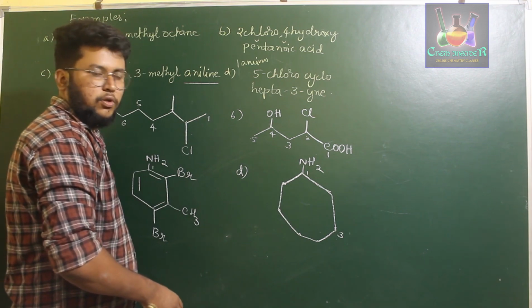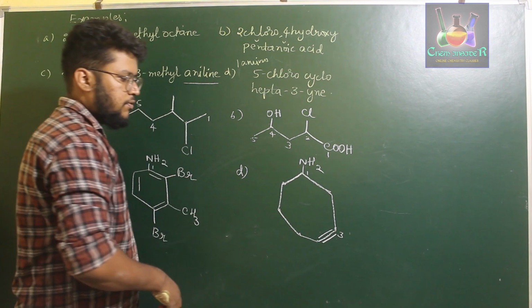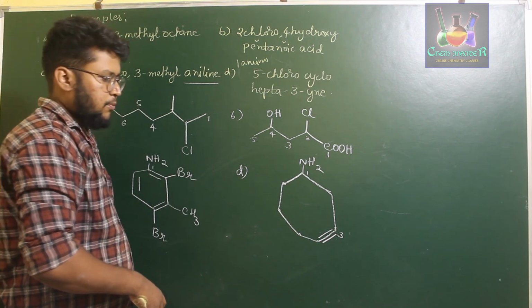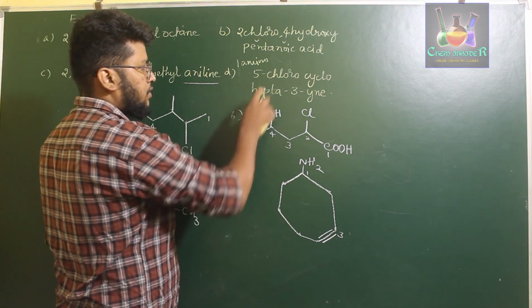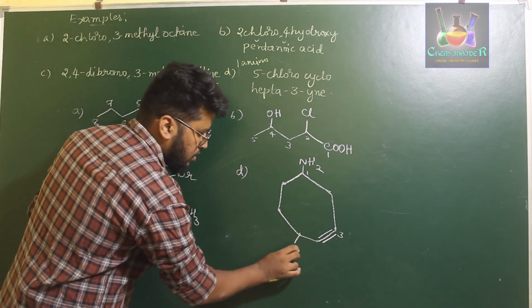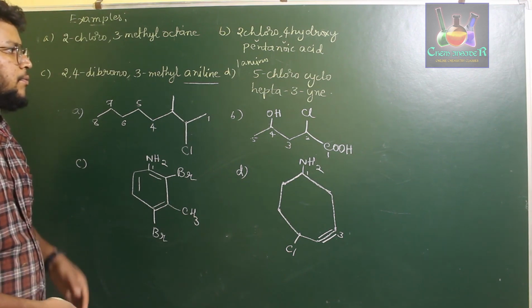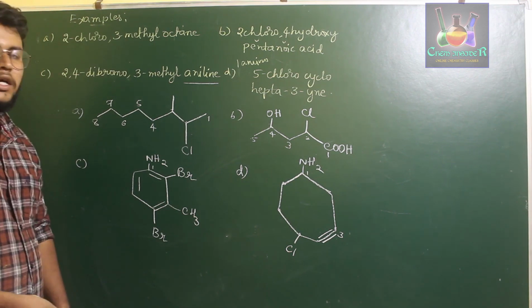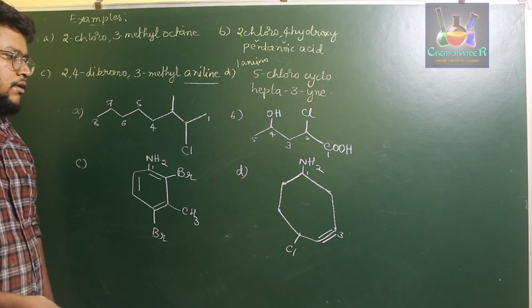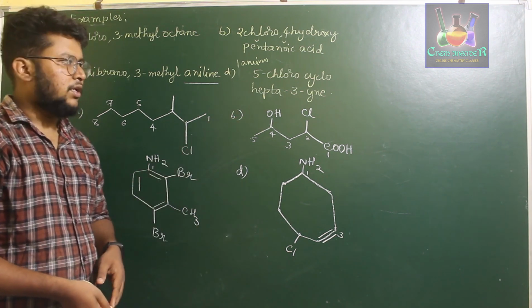We have a triple bond over there. And at the fifth position we have a chloro group, 3, 4, 5. So we have Cl over here. So this is 1 amino, 5 chloro, cyclohepta 3 yne. So this is the structure for the particular compound of IUPAC nomenclature.